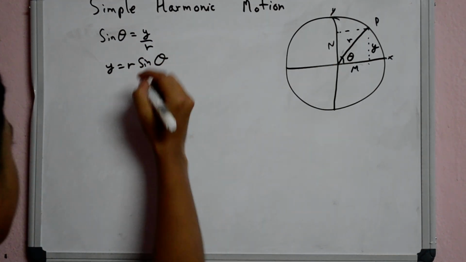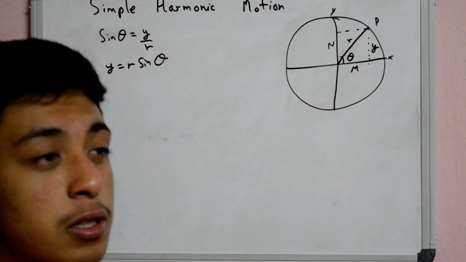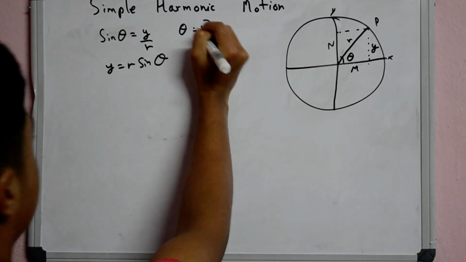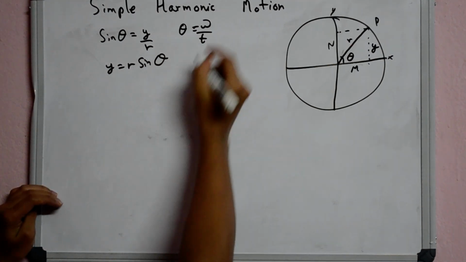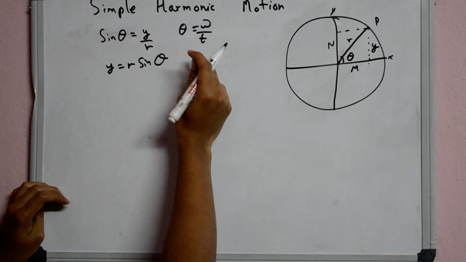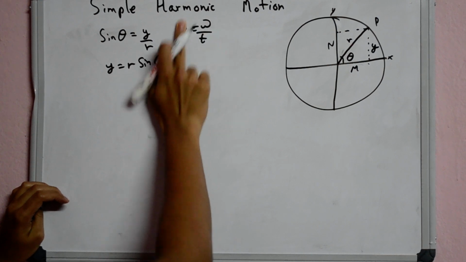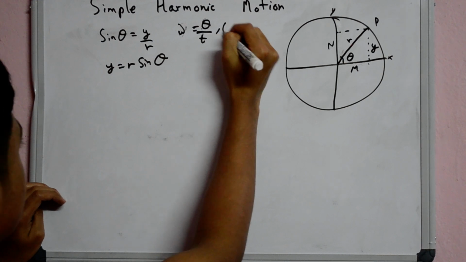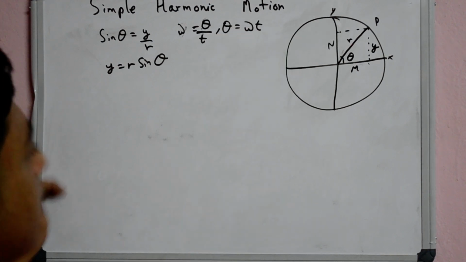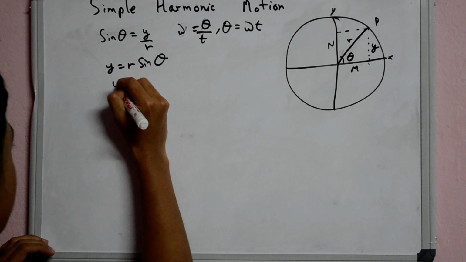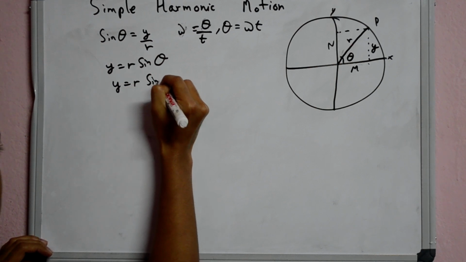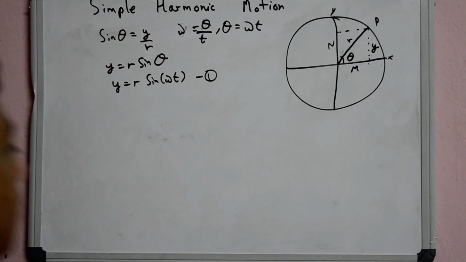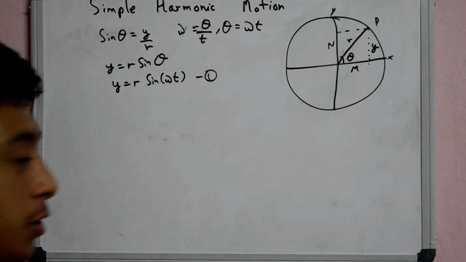And in terms of circular motion, we can write theta is equal to omega t. Sorry, angular velocity is equal to angular displacement by time, giving us angular displacement equals omega t. So here y equals r sine omega t. Now this is the first equation, and this is called the displacement equation.